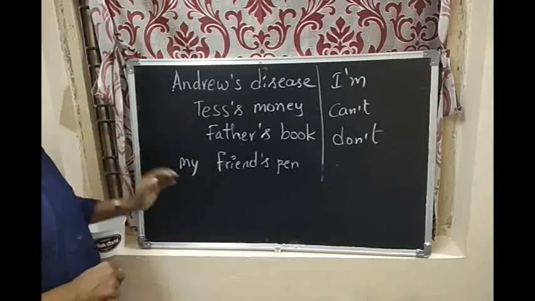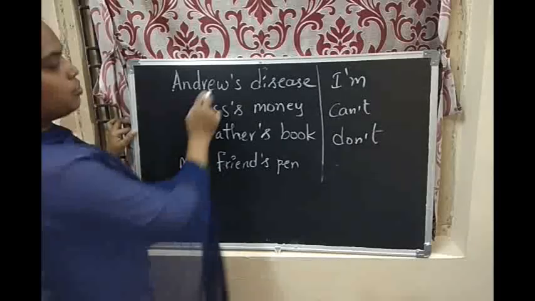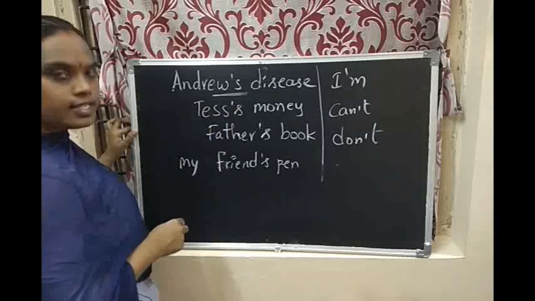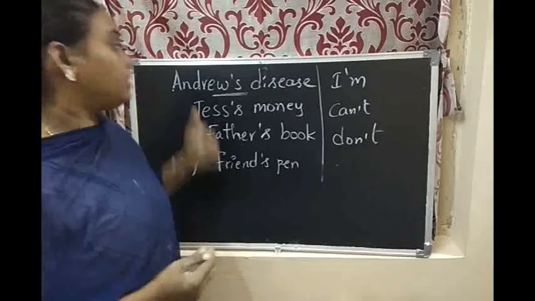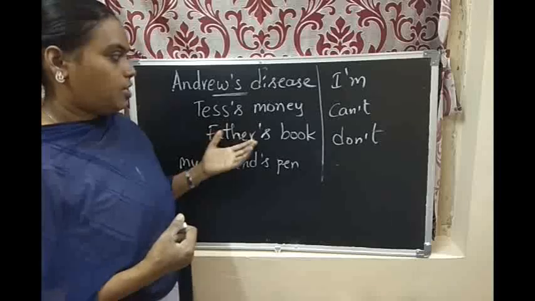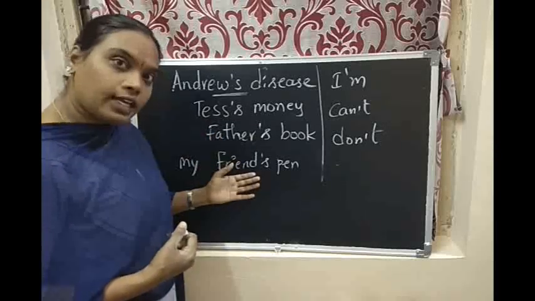This is clear to you. My friend's pen. Coming to the explanation: Andrew's disease, in the sense, who suffered with that? Andrew. Who has money? Tess. Whose book is that? Father. Whose pen is that? Friend.